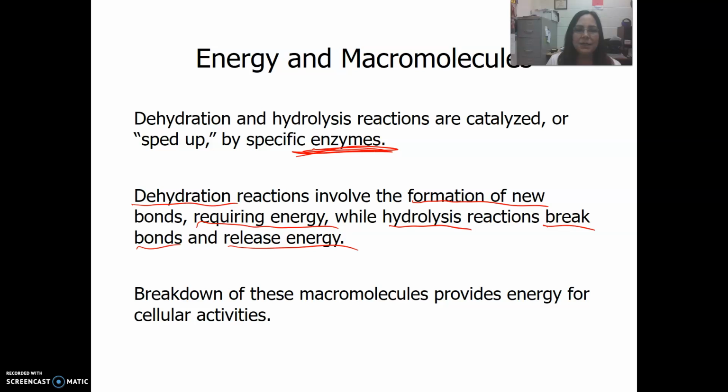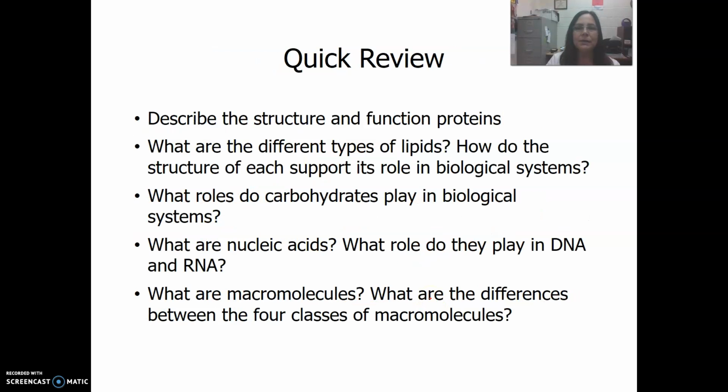So dehydration reactions are what we call anabolic. And hydrolysis reactions are what we call catabolic. And breaking down macromolecules is what gives us energy, what gives our cells energy.